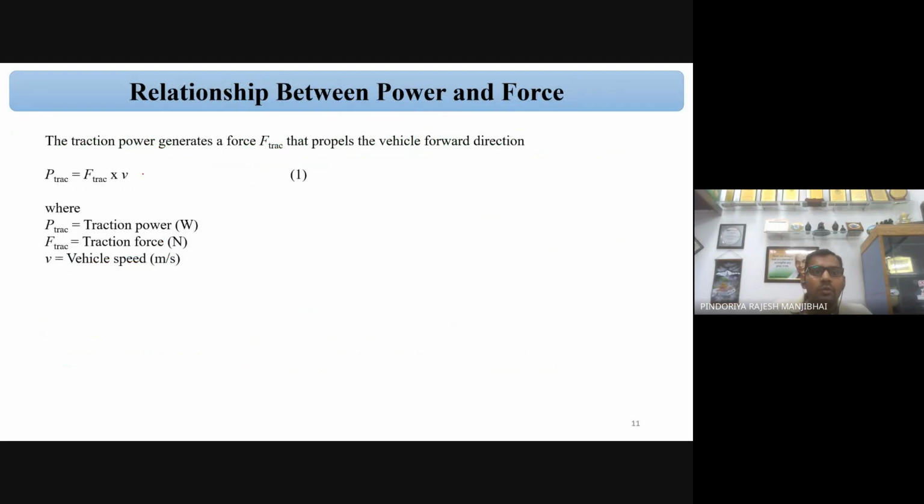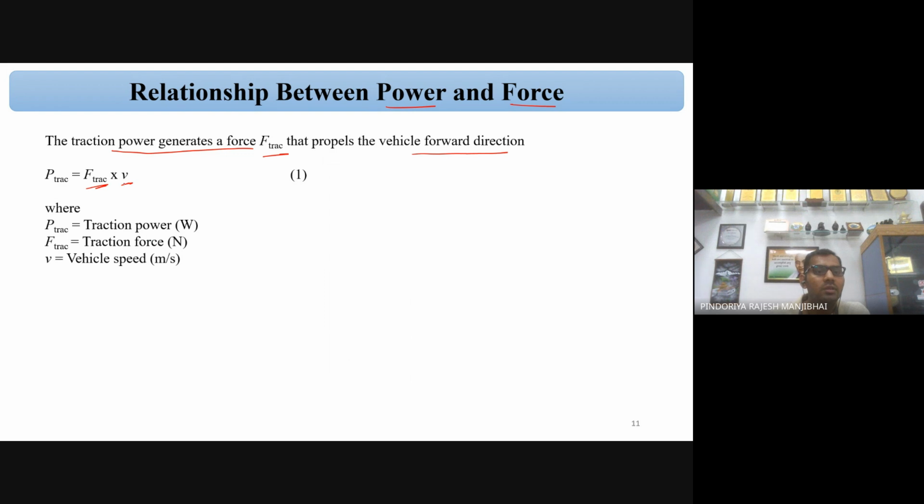Now the traction power formula, the relationship between traction power and force. Traction power generates the force, F traction, that propels the vehicle in the forward direction. So traction power is traction force times velocity. Suppose you want to find the power: power is nothing but force into velocity, and here the force is the traction force.